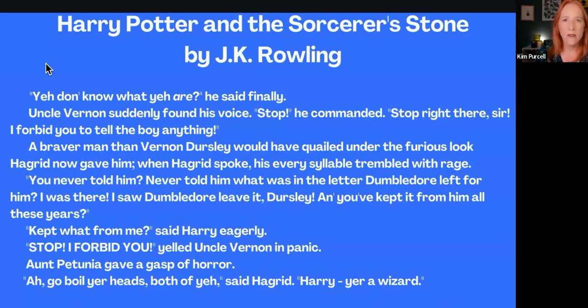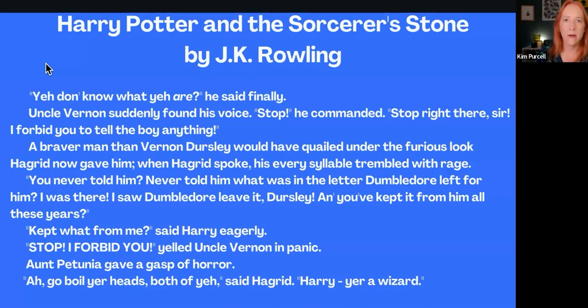"You don't know what you are?" he said finally. Uncle Vernon suddenly found his voice. "Stop," he commanded. "Stop right there, sir. I forbid you to tell the boy anything." A braver man than Vernon Dursley would have quailed under the furious look Hagrid now gave him. Hagrid spoke. His every syllable trembled with rage. "You never told him? Never told him what was in the letter Dumbledore left for him?